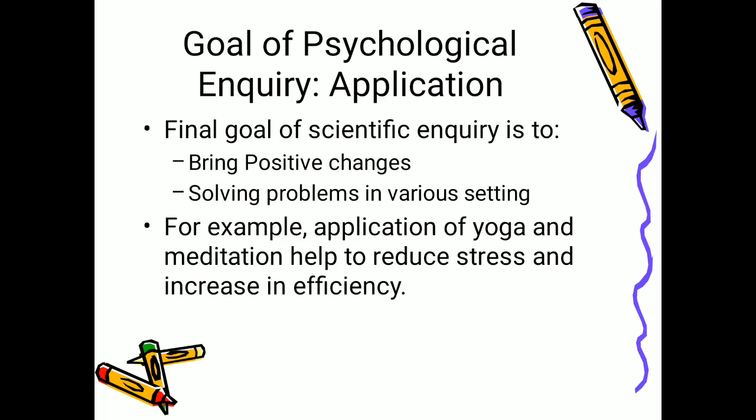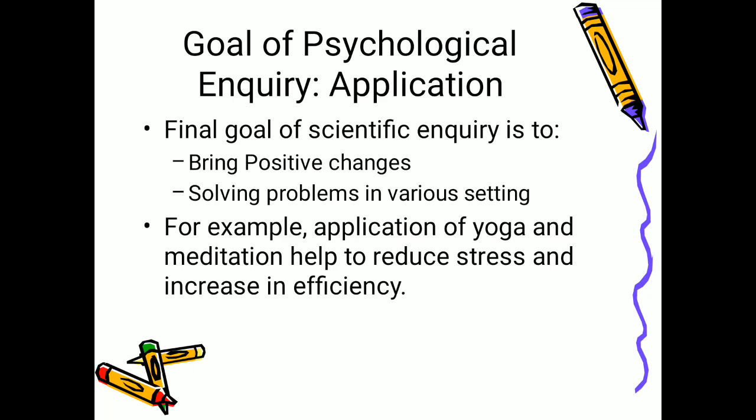When I am applying it, my main aim of application towards a certain kind of behavior is to bring about positive changes. There has to be a positive kind of change that I can bring in any organization, in any school, in any industry, solving problems in various settings.